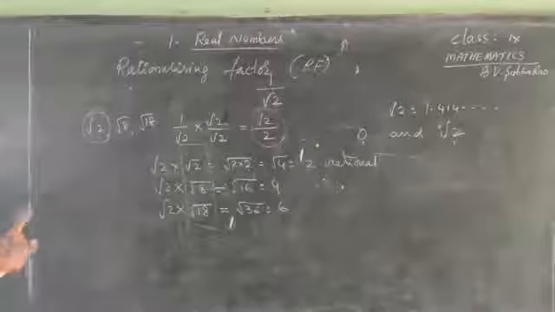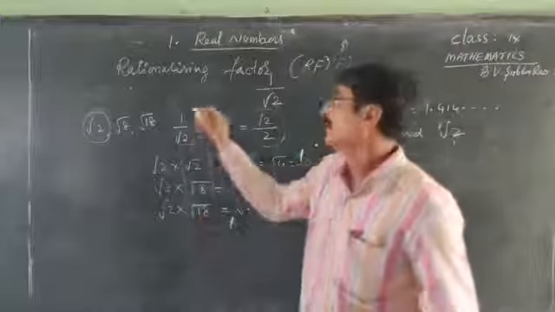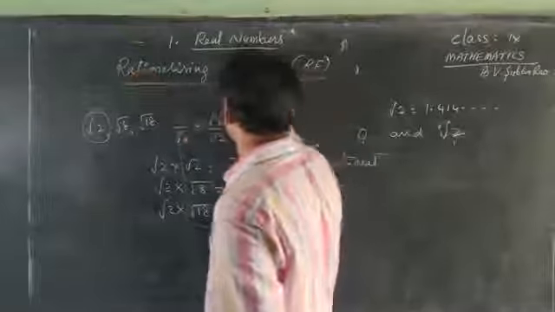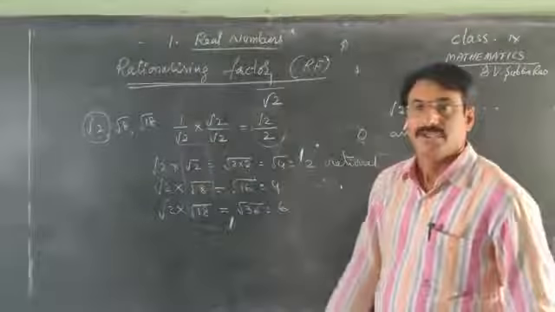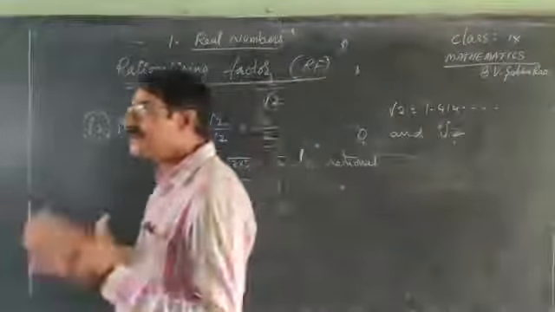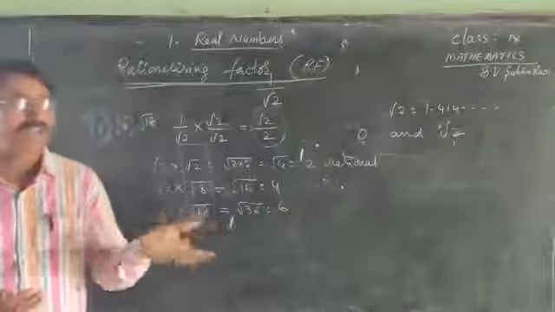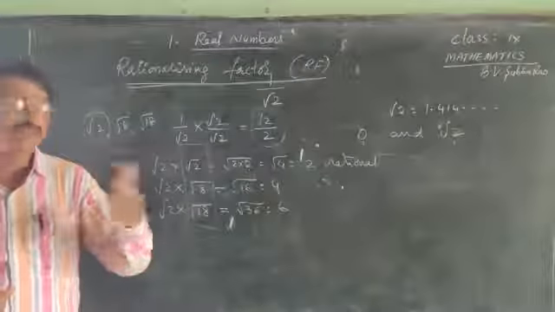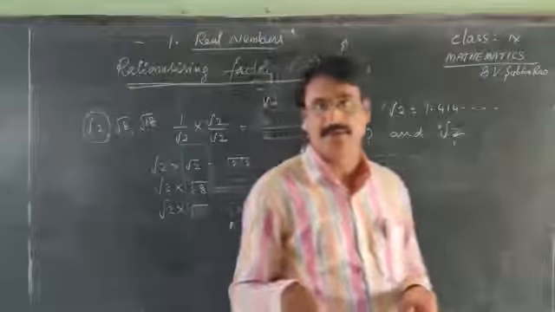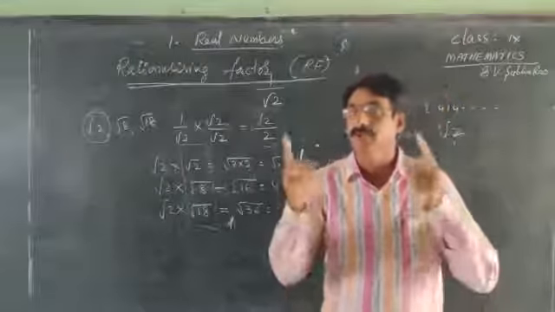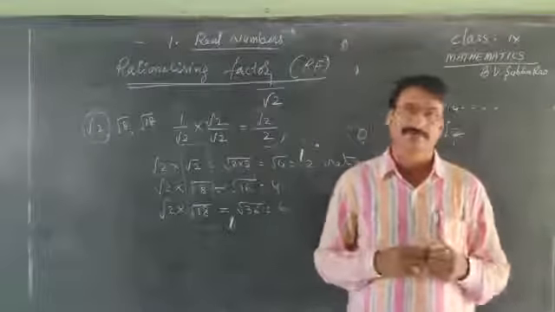From this we conclude the definition of rationalizing factor. Once again, what is a rationalizing factor? If two irrational numbers are multiplied, and the product is a rational number, then the two numbers are rationalizing factors to each other.